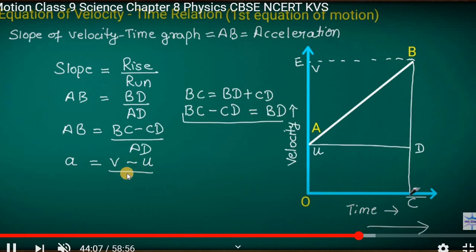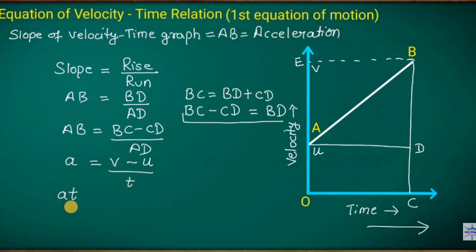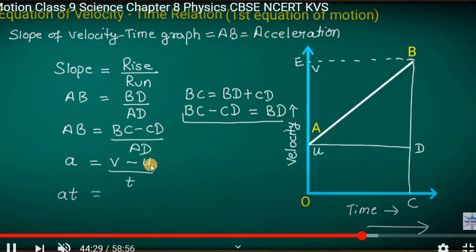So we can write T is equal to AD. Let's rearrange this equation to get the final equation. If we take this T over here, then we get AT is equal to V minus U.